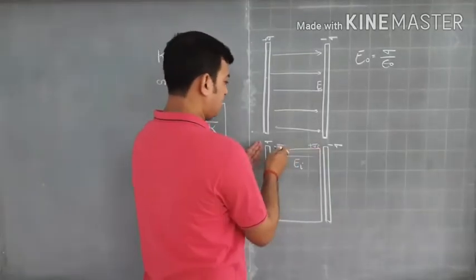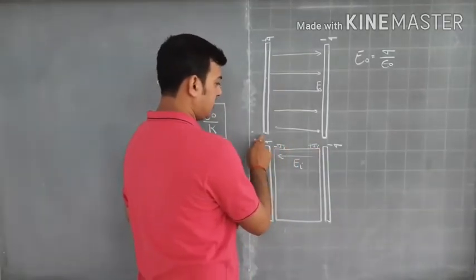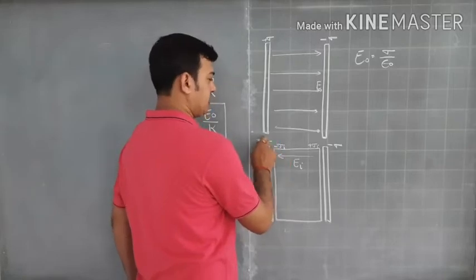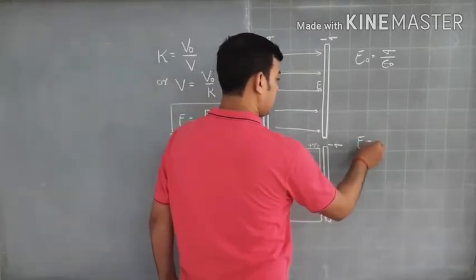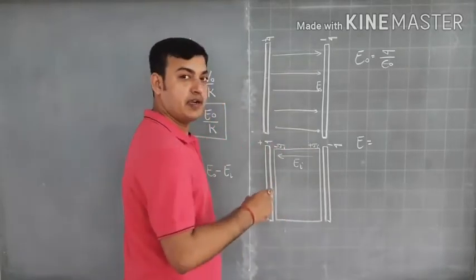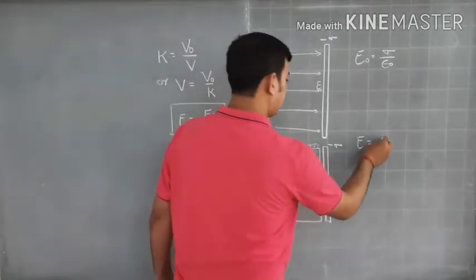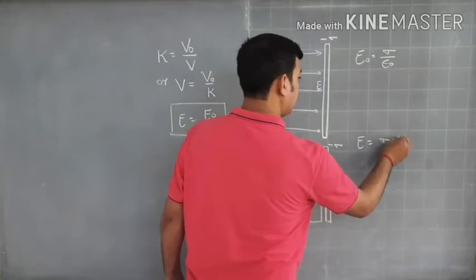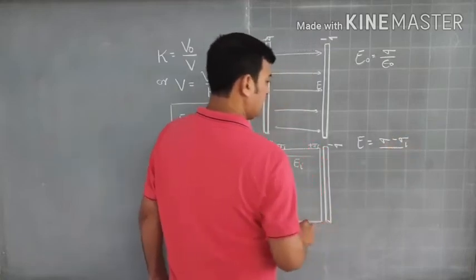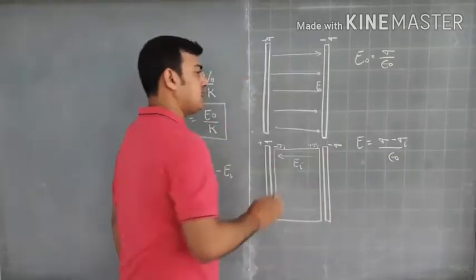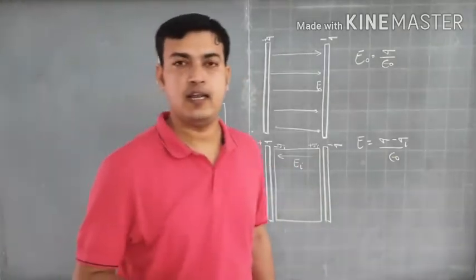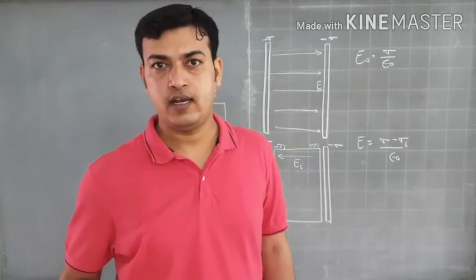For this case, we can just assume that the resultant charge density on the plates is sigma minus sigma I. So when the dielectric is completely filled between the plates, I can write the field as sigma minus induced charge density, divided by epsilon naught. So these are the fields with dielectric and without dielectric.